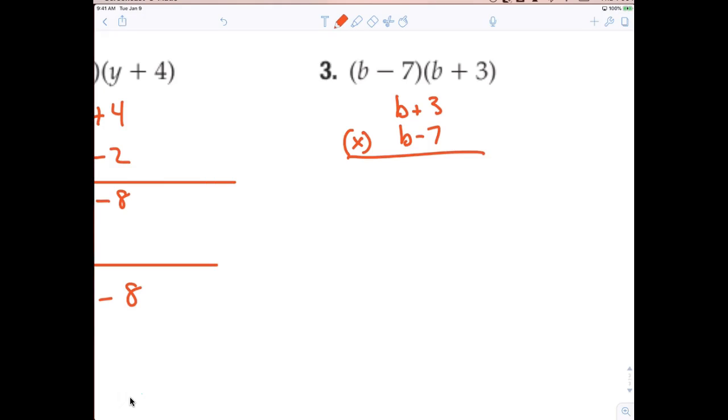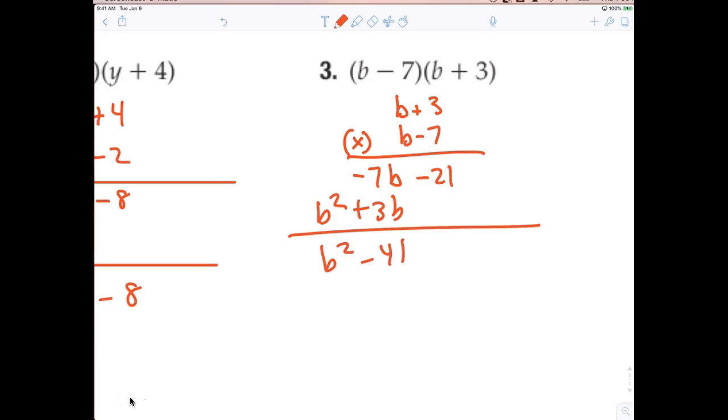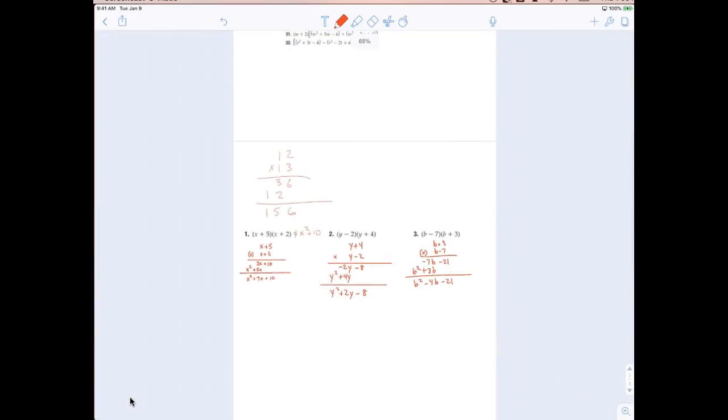Pretty easy, isn't it? So again, negative 21, negative 7b, positive 3b, b squared. b squared minus 4b minus 21. Very easy. Now let me pull down a couple more.